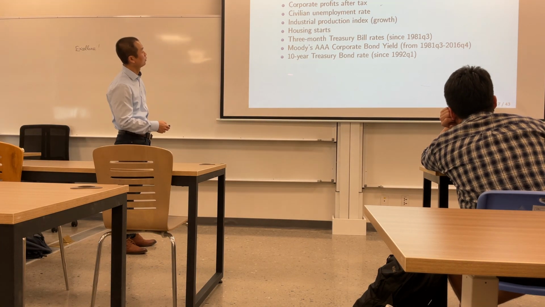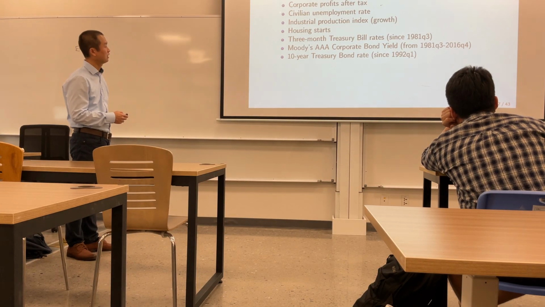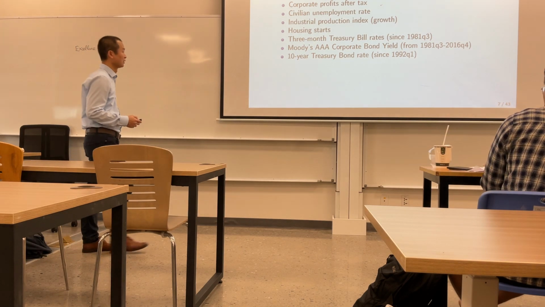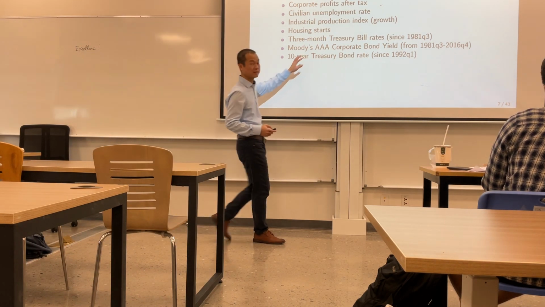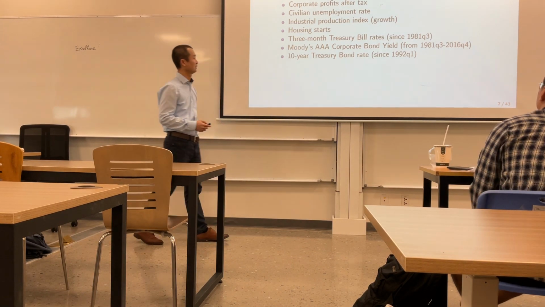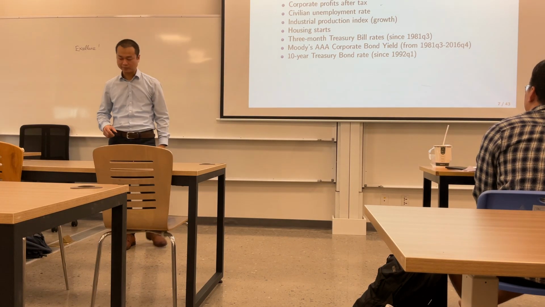So here are the variables they forecast, from GDP to corporate profit and housing, and the 3-month Treasury rate as well. These variables are part of the professional forecaster variables in the survey.